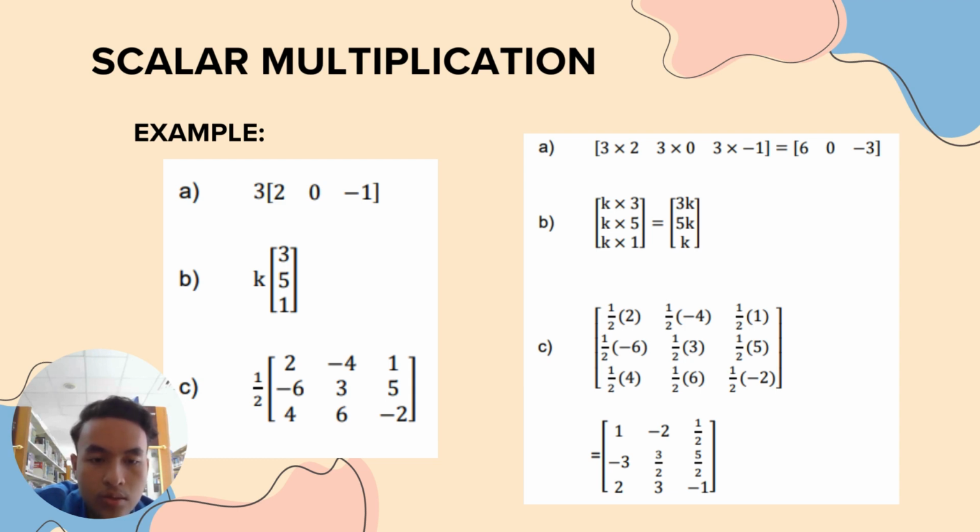And last one, 1 over 2 multiplied by negative 2 equals negative 1. So for scalar multiplication, you just multiply each element.